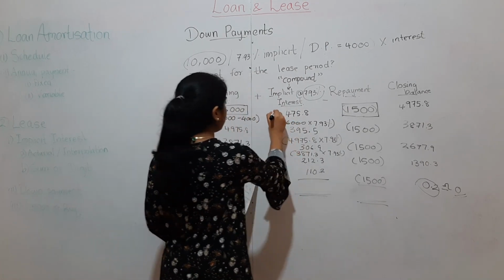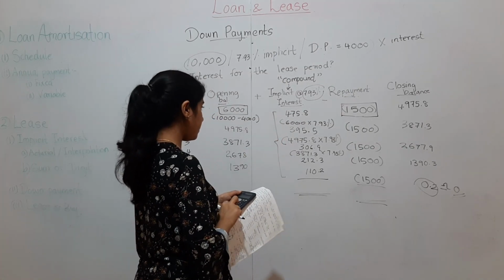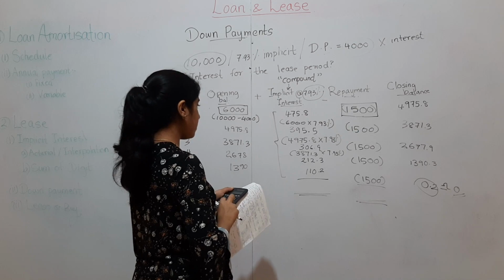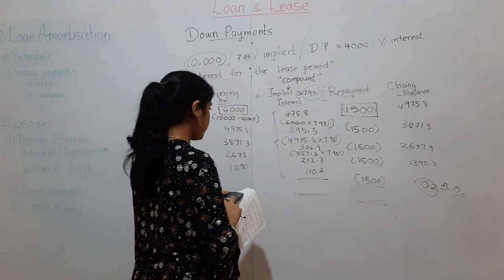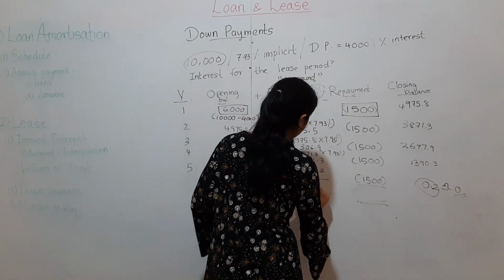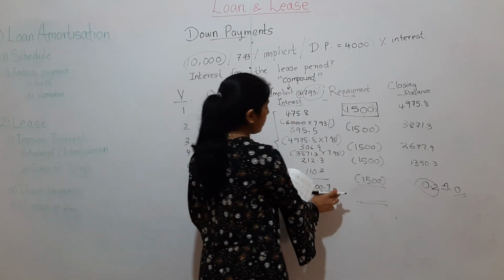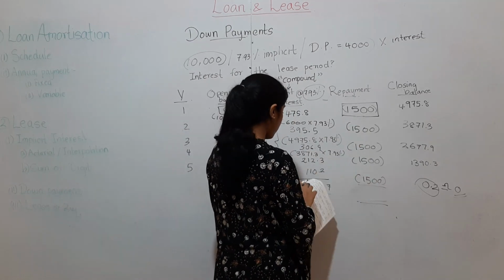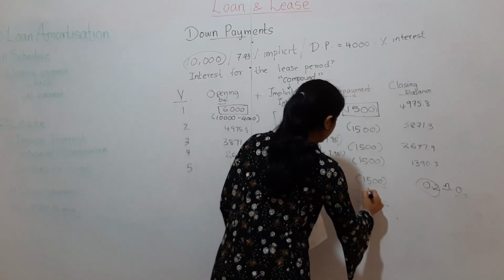Okay, then take the total of this column. 475.8. 1,500.7 is your interest. And what is the total interest plus capital repayment?